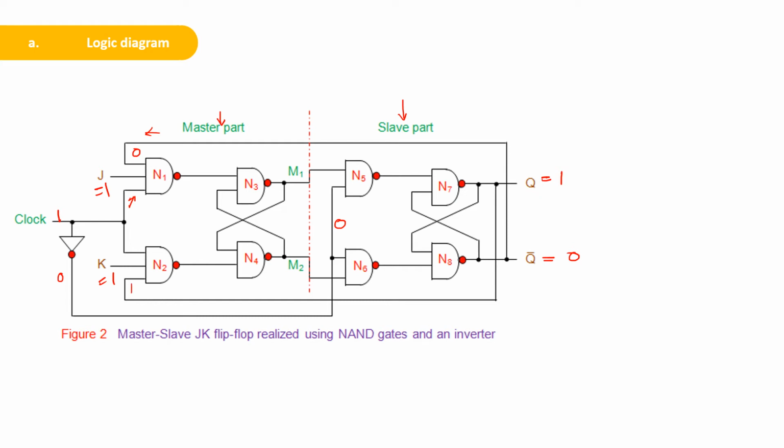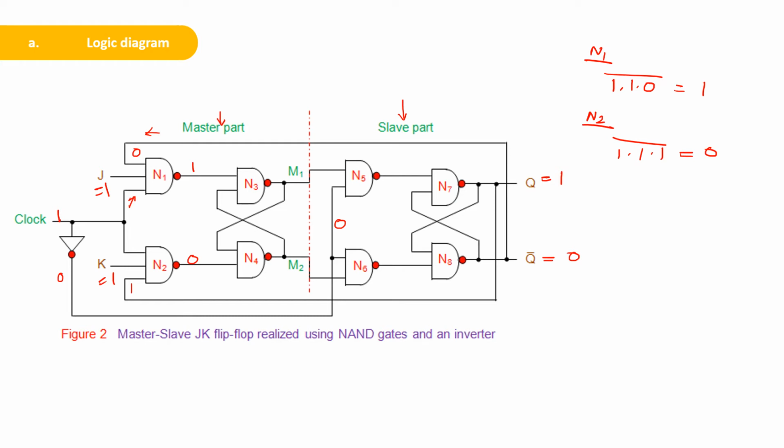So for N1, inputs are 1, 1, 0, so its complement will be 1, and for N2 it is 1 dot 1 dot 1, its complement is equal to 0. So the output of NAND gate N1 is 1 and the output of NAND gate N2 is equal to 0.